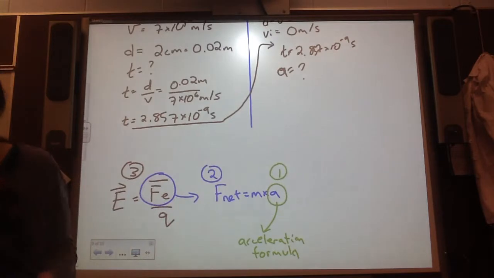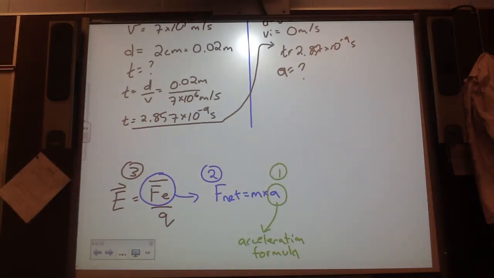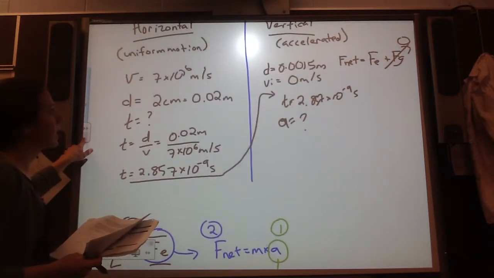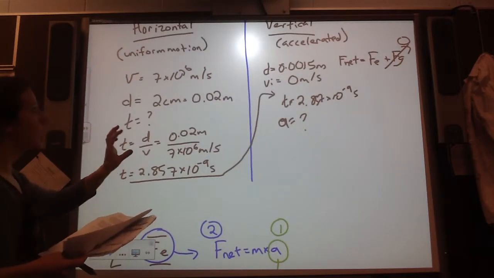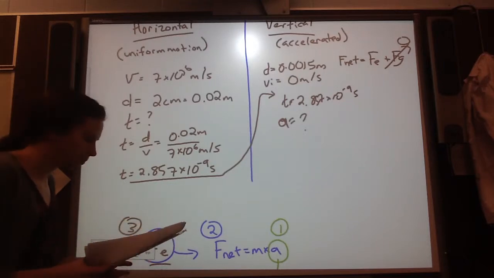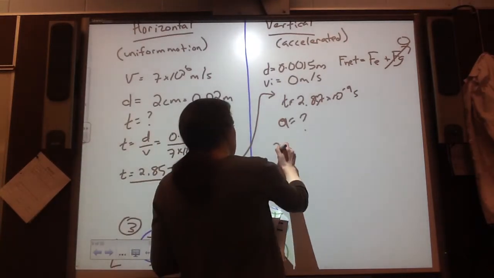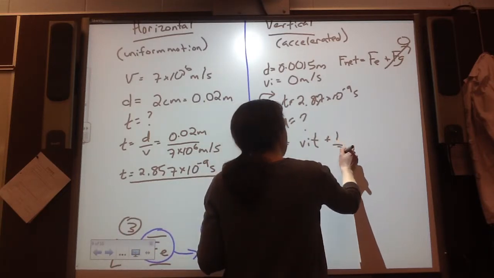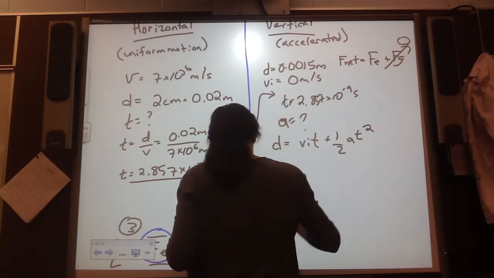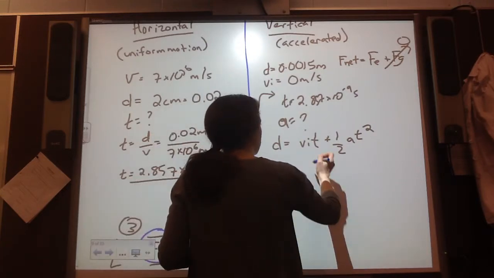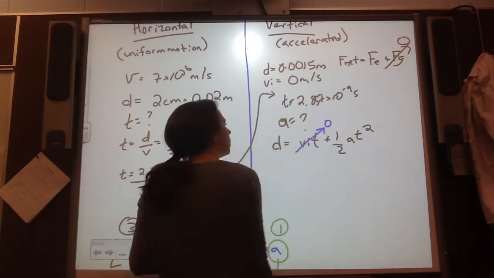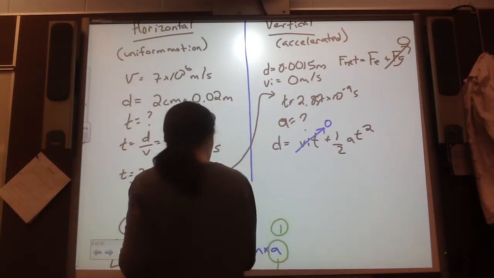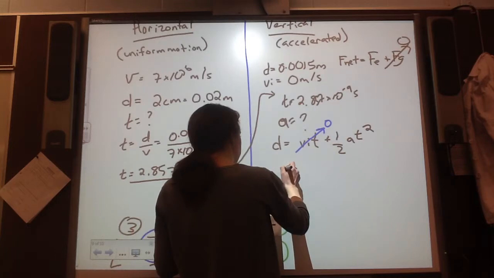Then you look at your data sheet and see what type of acceleration formula uses those variables that you can find acceleration with. So you know d, v1, t, and a. We'll use d is equal to v1 times t plus half a t squared. v1 is 0, so I can just eliminate that, and we'll solve for a.